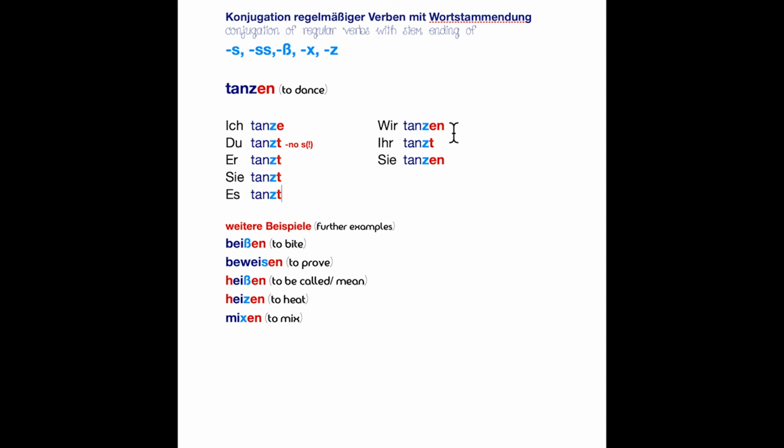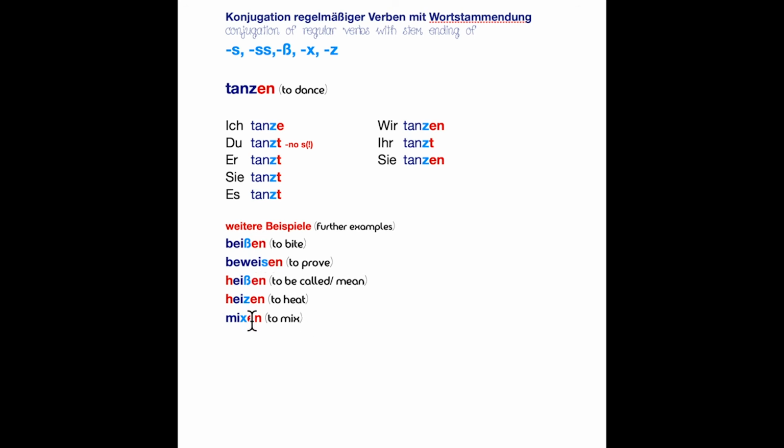Wir tanzen, ihr tanzt, add a T, and sie tanzen. You just add to the word stem, en. Now, again, I've put together a few examples, and as you see, I have used any of these other letters as well: beißen, to bite, beweisen, to prove, heißen, to call or mean, heizen, to heat, and mixen, to mix.